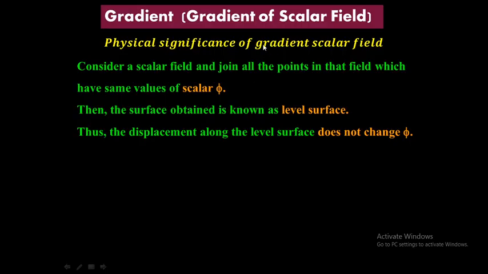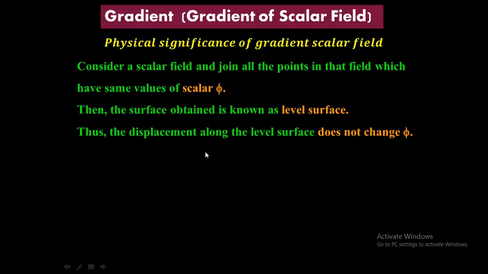At all these points the scalar function is the same. The surface obtained is nothing but the level surface. So on the level surface all the values of phi are the same.